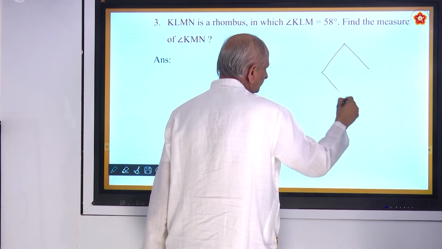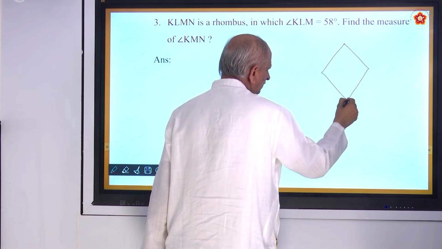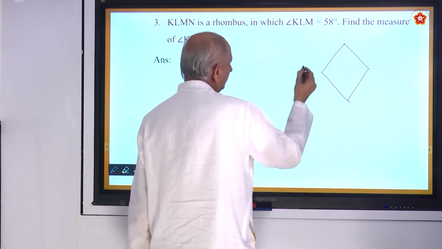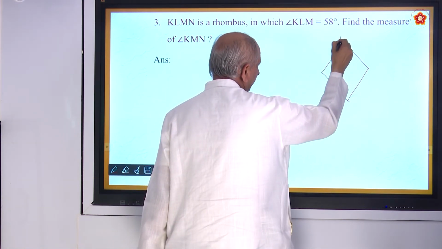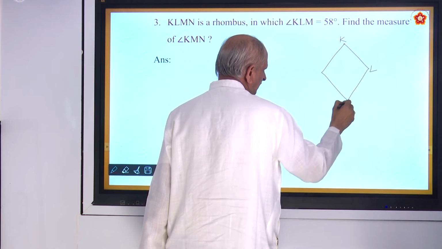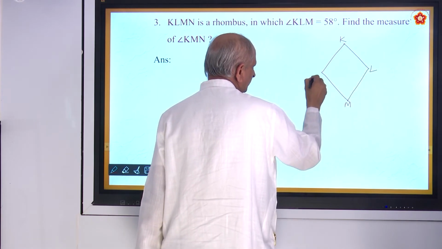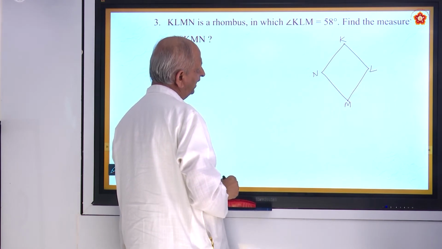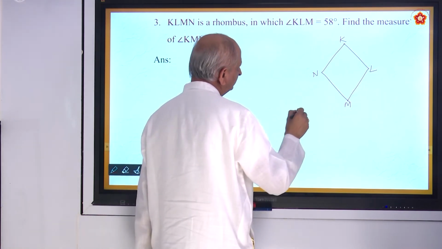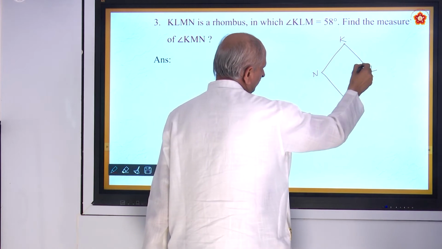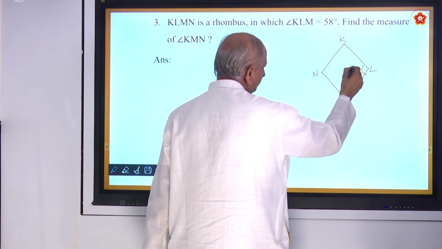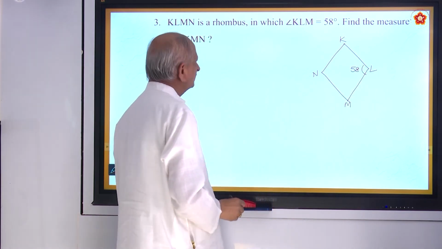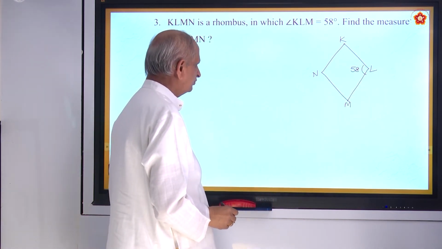A rhombus is a figure having all the sides equal, and it is named as KLMN. It is a rhombus. In that KLM is 58, sorry, KLM is 58. They are asking KMN now.